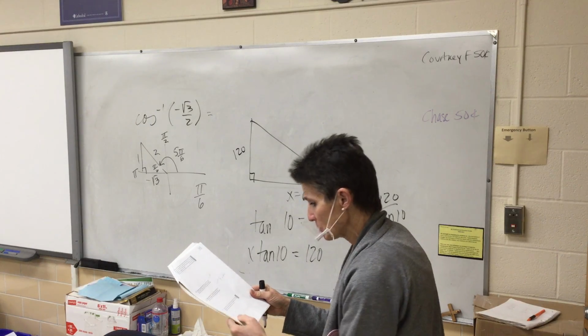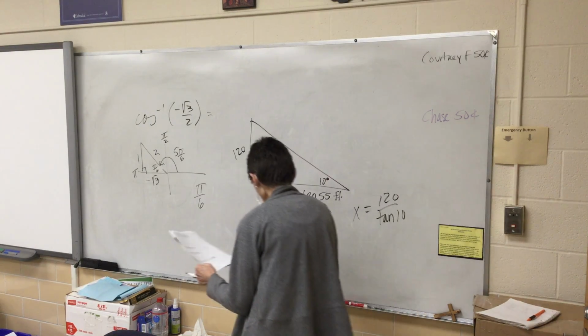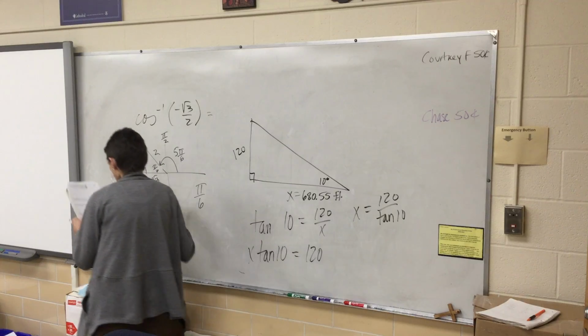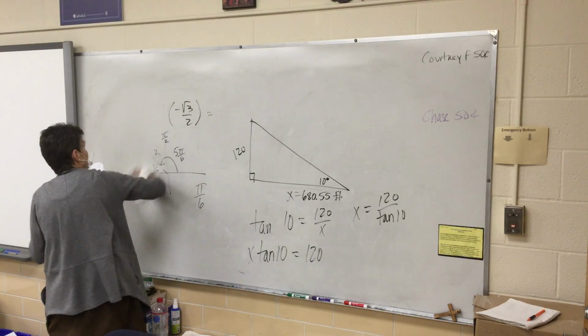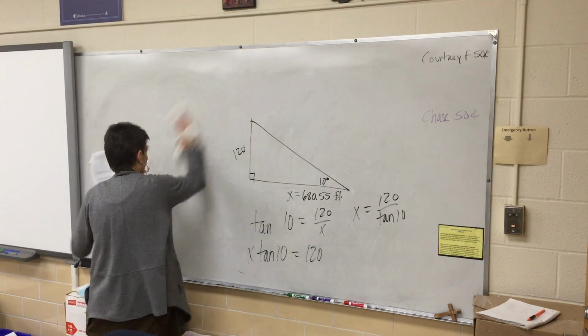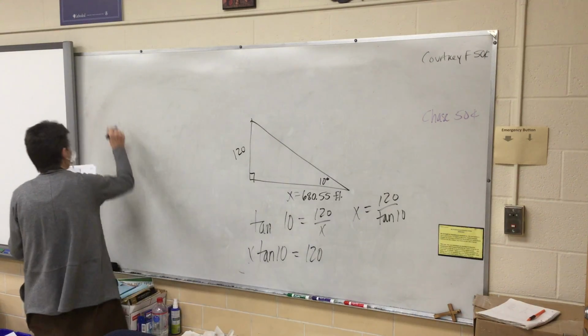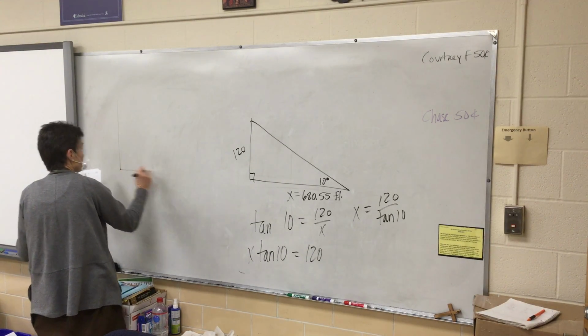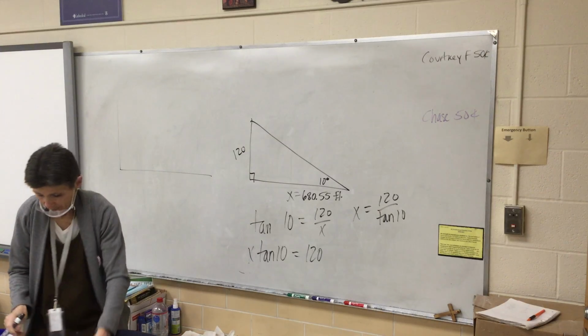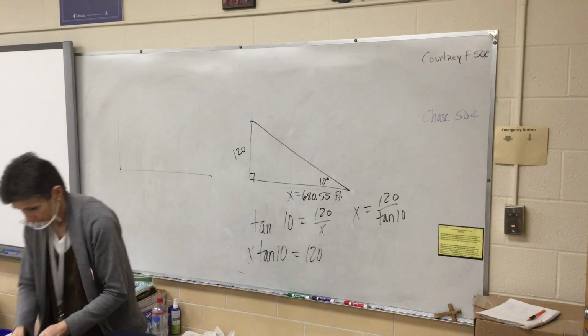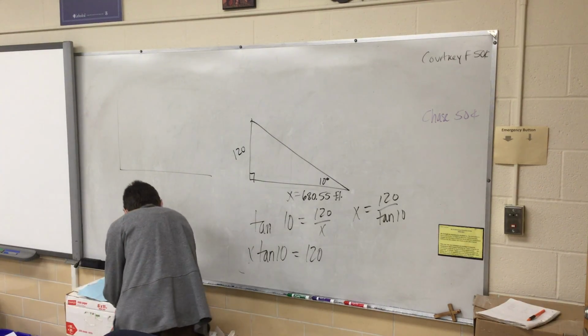Okay. Last one. From the top of a building, a man of, oh, this is one of the ones that's a little bit tougher. All right, so we have a building, I'm going to get a new marker.